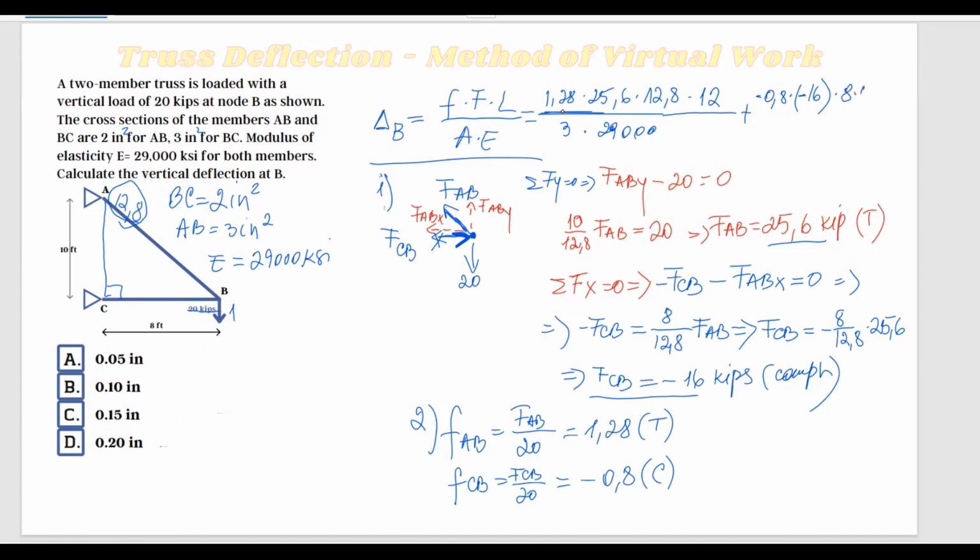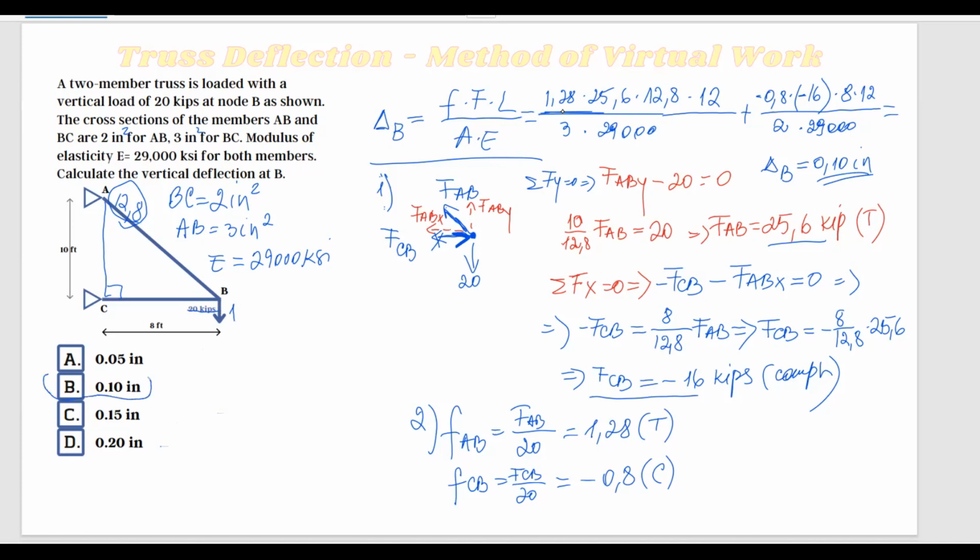Again, we're going to multiply by 12 to transform it into inches. And over the area of BC, which is 2 inches squared, so we have 2 multiplied by 29,000. And after you calculate all that, you're going to get that the deflection at point B is 0.10 inches.